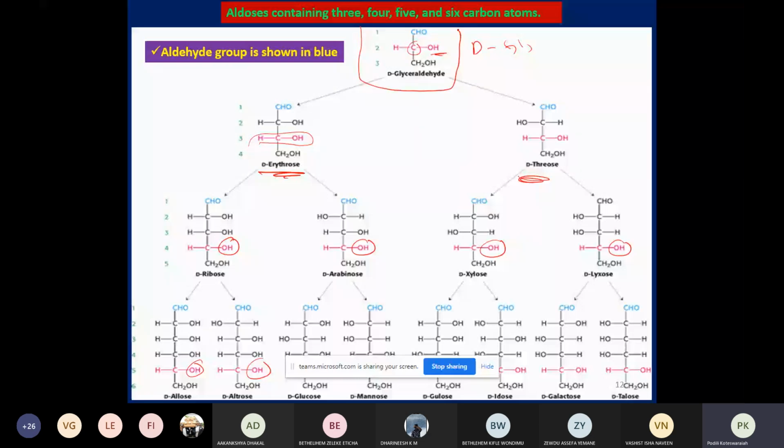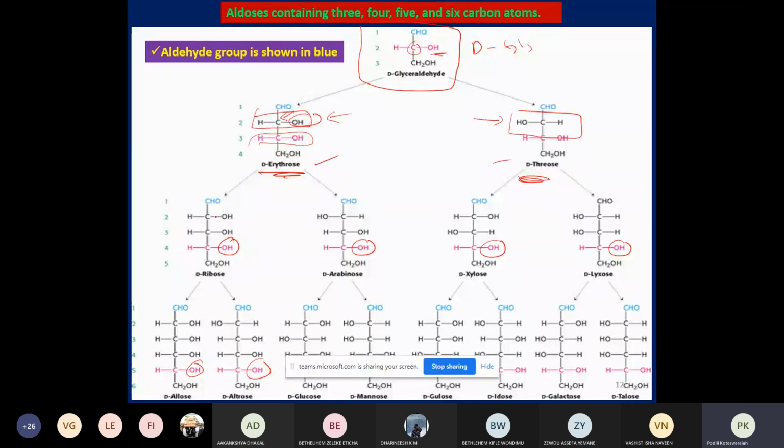When we introduce the new carbon next to the aldehyde functional group, and place hydroxyl once on the right and once on the left, it becomes D-erythrose and D-threose.